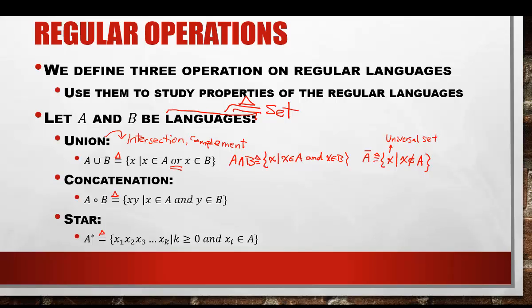The universal set is a set that's composed of our alphabet symbols. That's what we consider the members of a language, or strings from a language, to be drawn from.